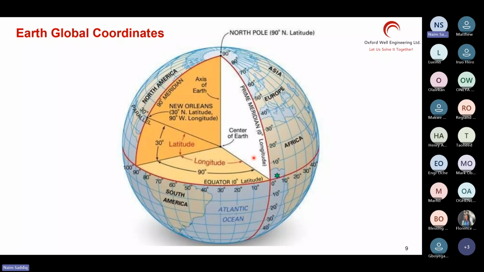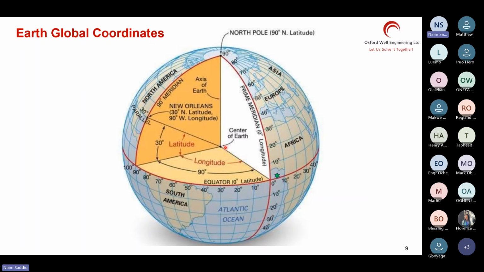So your location, for example, in this picture which you are looking at, they are calculating the latitude and longitude for New Orleans. New Orleans is right here where my cursor is. What will be the latitude for it? Its latitude is 30 degrees from the horizontal plane, vertically going upwards. When it goes upwards, it's north, 30-degree north.